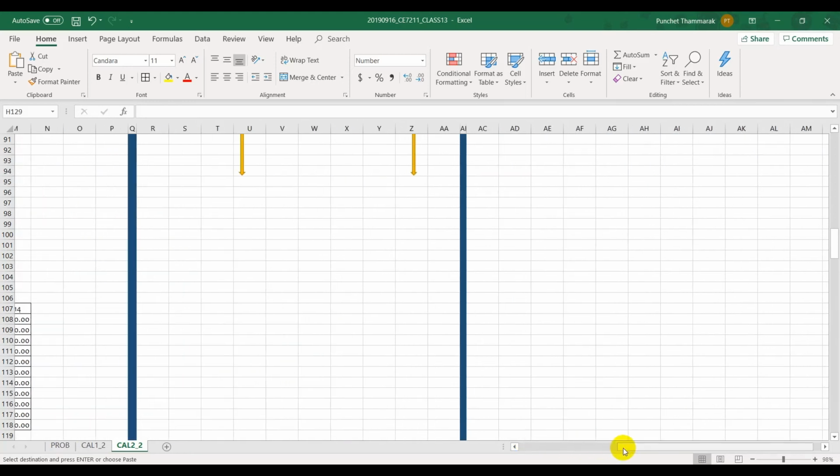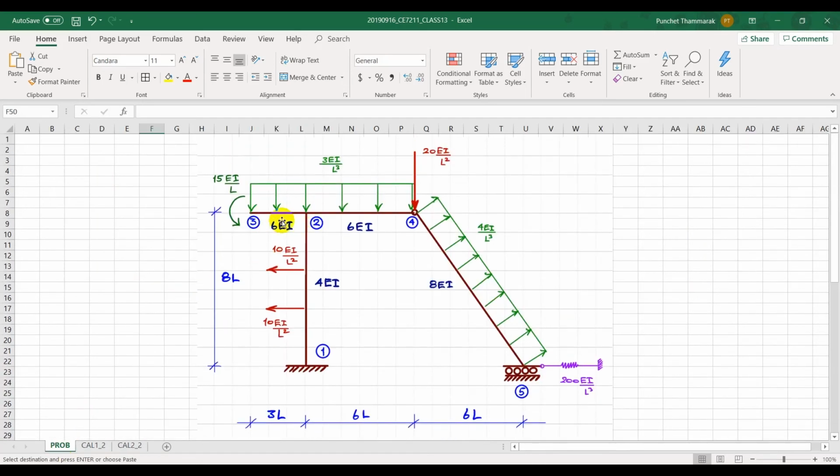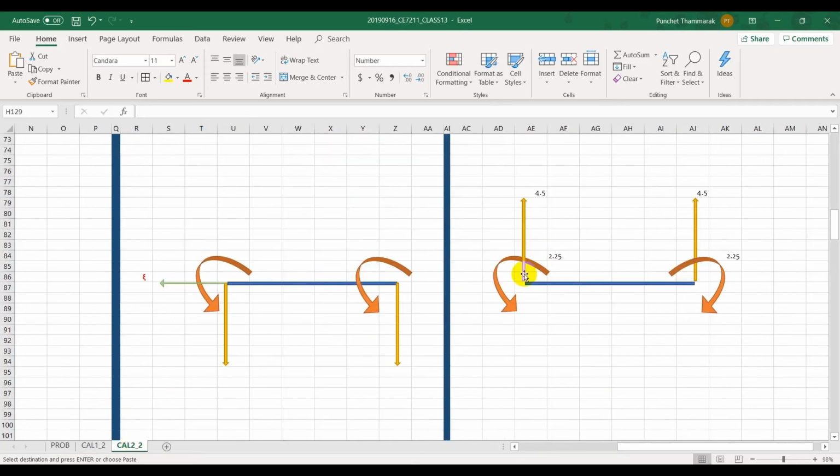Element number 2, as you set up the local coordinate this way, local DOF goes this way, but the point is that the member number 2 is subjected to this uniformly distributed load, and the fixed end reactions to this downward distributed load, you will have the vertical upward reactions, of which the magnitude is the W intensity multiplied by 3L divided by 2.